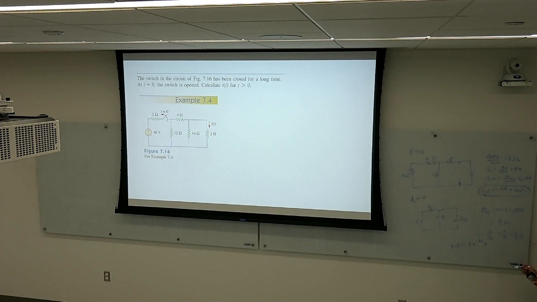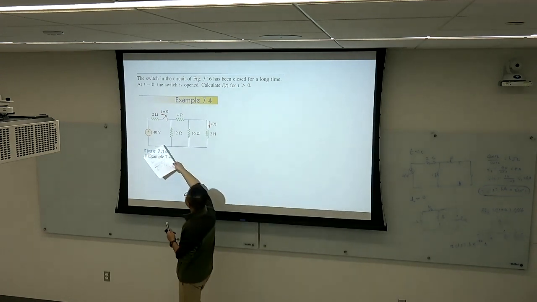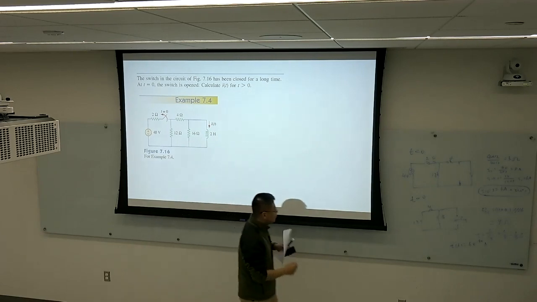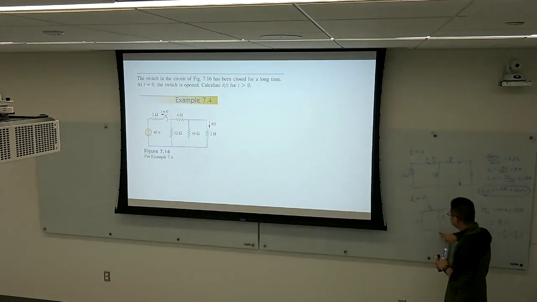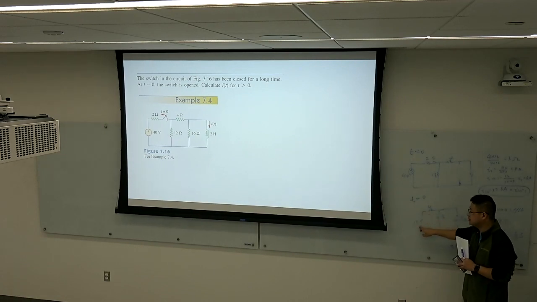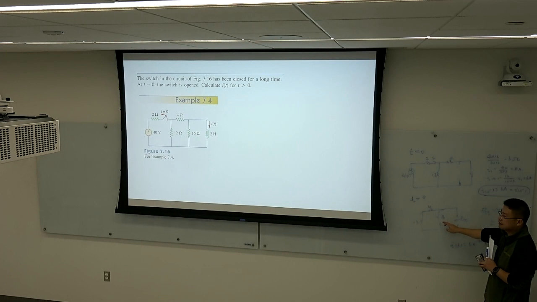Next, when t equals 0, the switch is open. So this voltage source and this resistor do not exist in this circuit. So we replot the circuit. In this circuit, we have the 12 and 4 ohm resistors, which are in series, and that becomes 16, and then parallel with this 16.